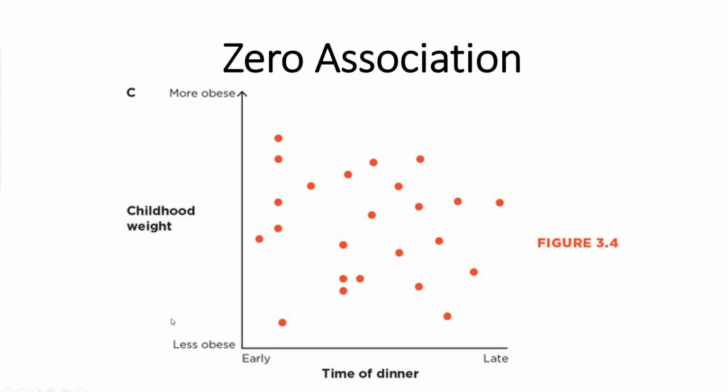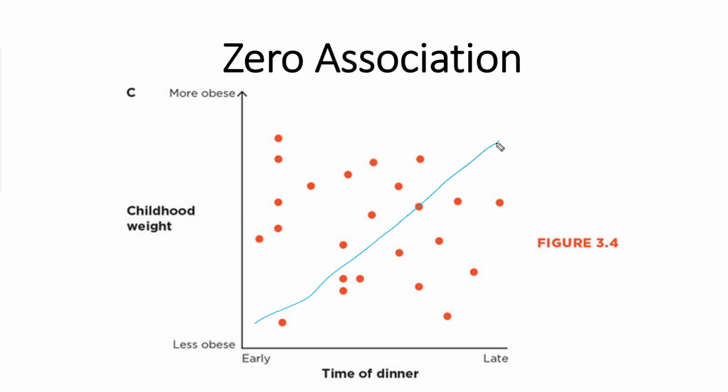And clean that off. And then the last kind of association we can have is a zero association. And in a zero association, you end up seeing a mess. So your scatter plot is going to put dots pretty much everywhere. And if we tried to put a line of best fit here, if we tried to find a place that I could draw a line that gets close to as many of these points as possible, it doesn't really work.